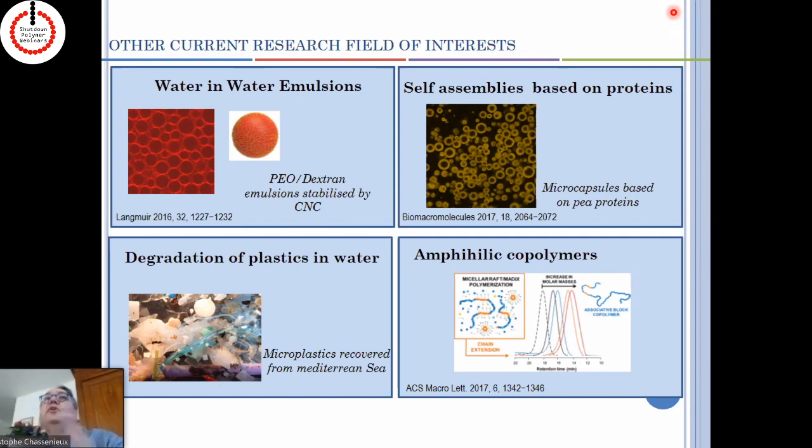So the point of view of using a dynamic or a frozen system is very good if you want to control exactly the number of particles you want to obtain at the end in your latex.